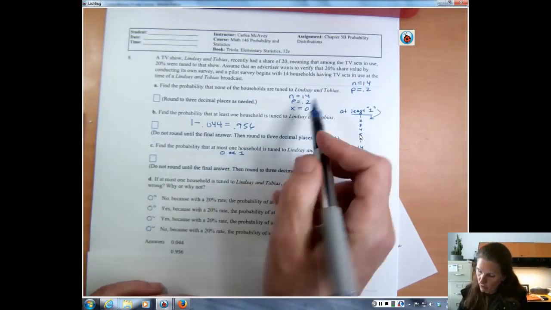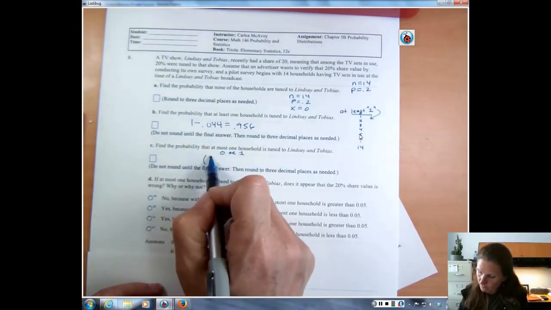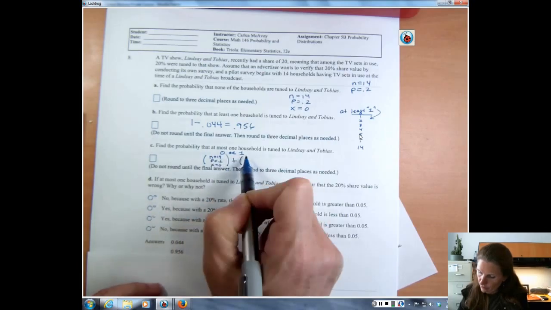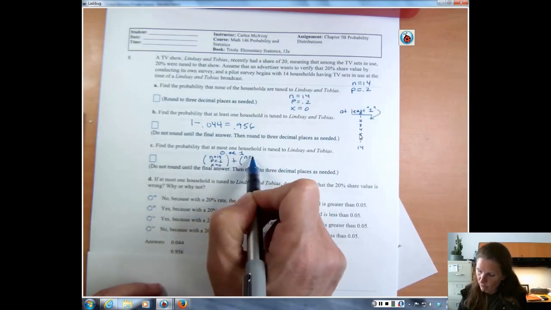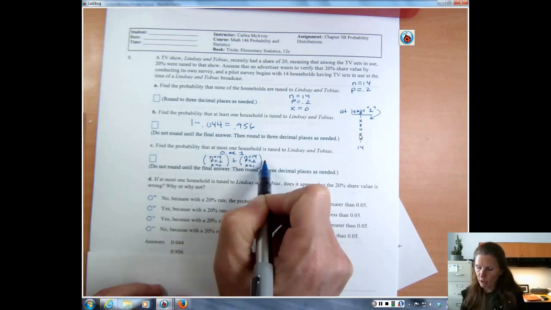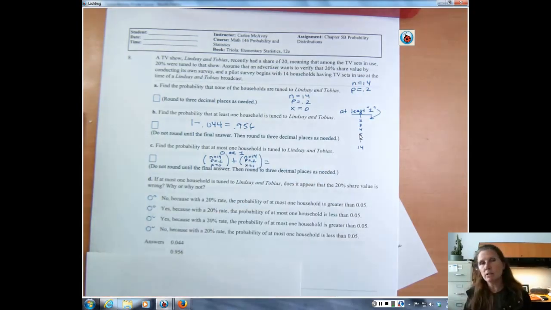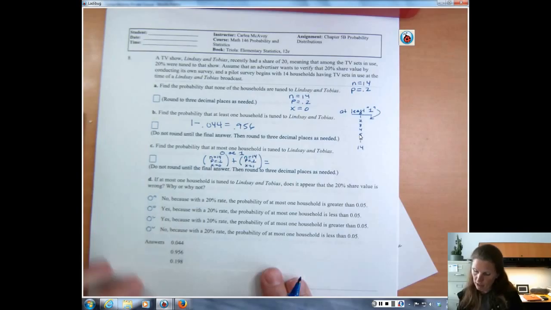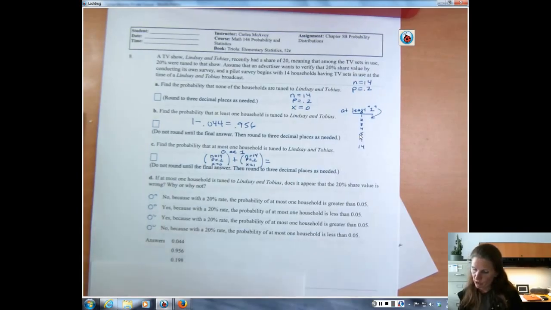So we go back up here and do our thing for 0, and then we do the thing for 1, using binomial PDF, and that's how we're going to get that answer. At most means everything 1 and below. At least means 1 and above. All right, so we get 0.198, 19.8% if we were going to change that into percentages.